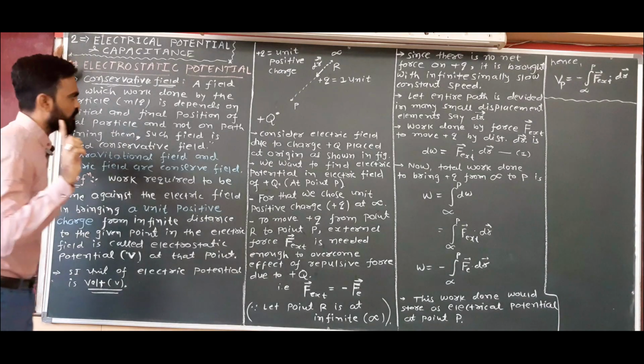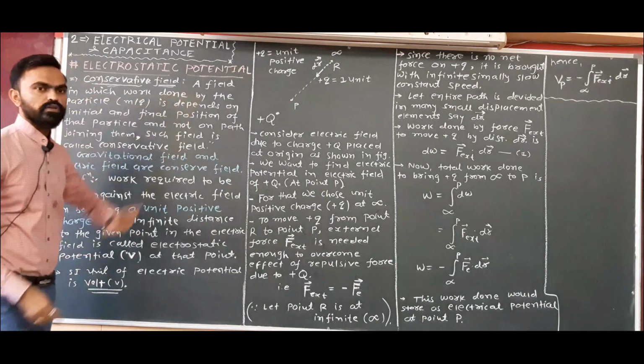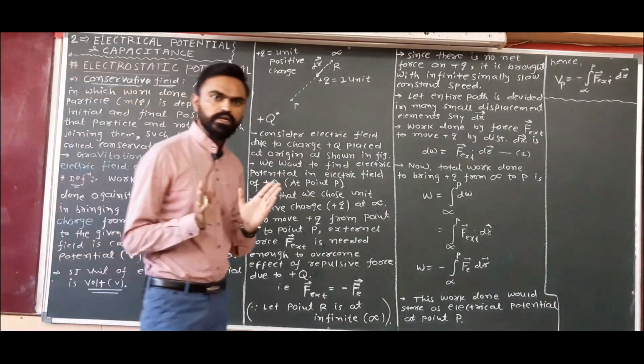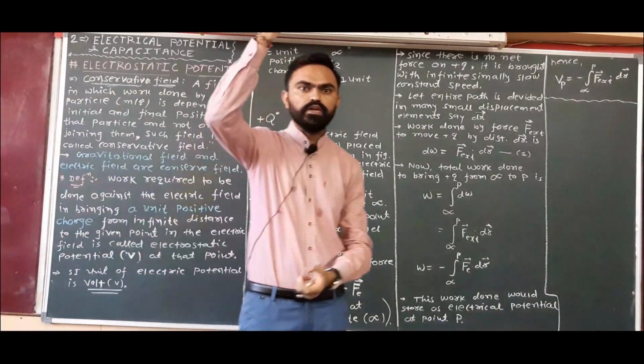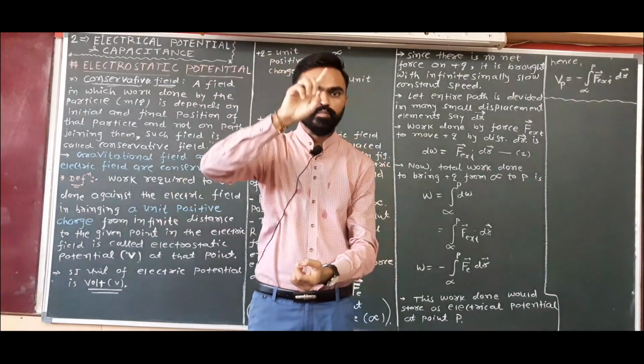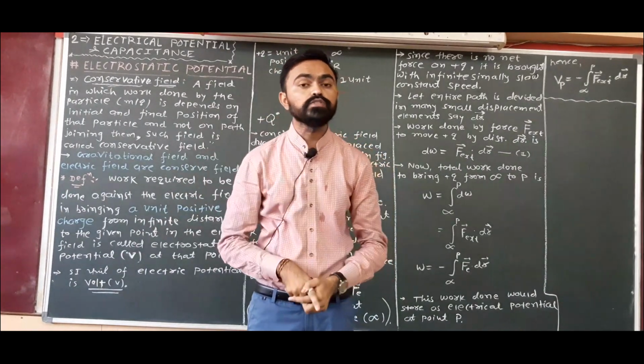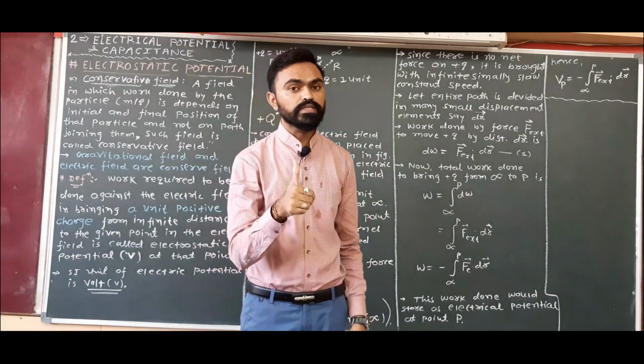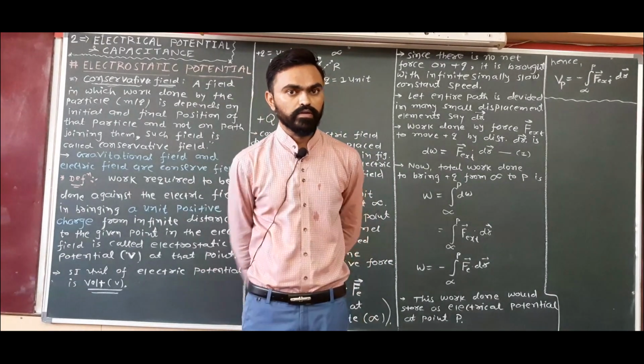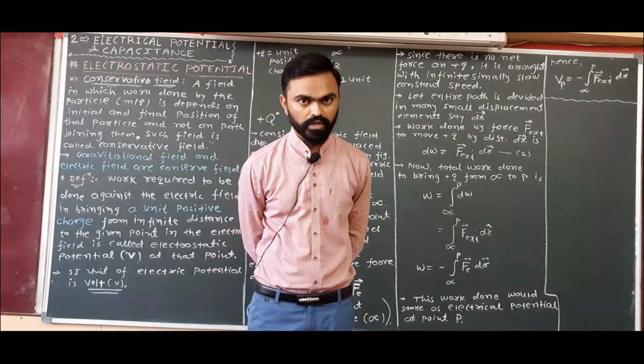Again, a field in which work done depends on initial and final position of the particle but not on the path chosen by the particle, those fields are called conserved field. I hope you understand. Okay.